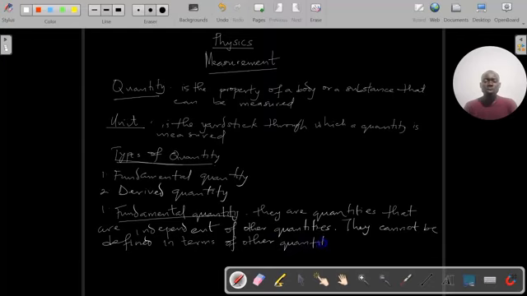They are basic quantities. You cannot define them in terms of other quantities, and you cannot derive them from other quantities.